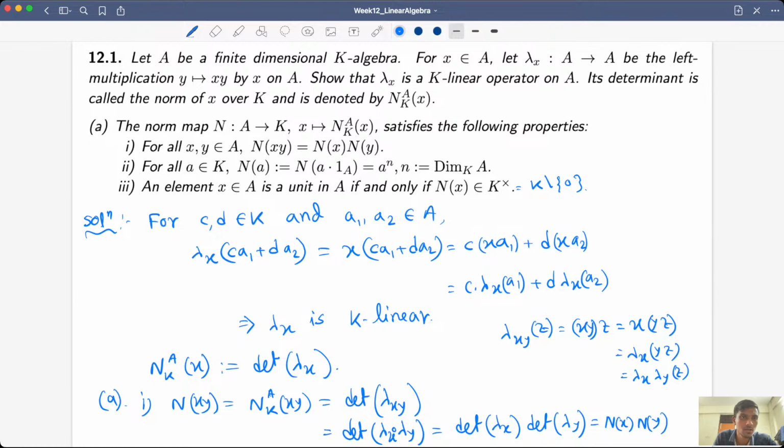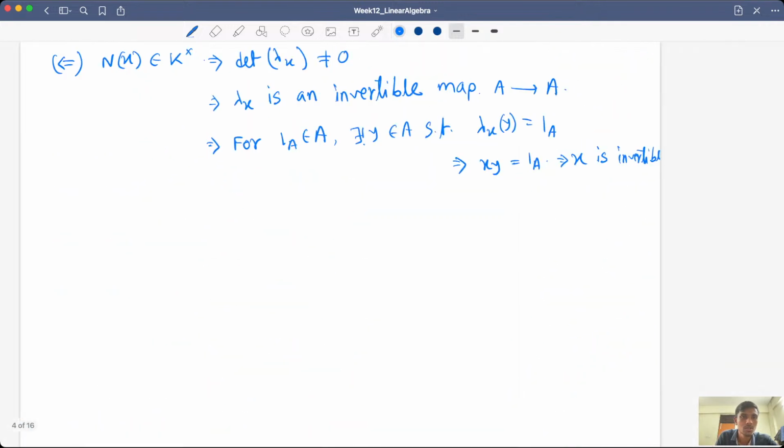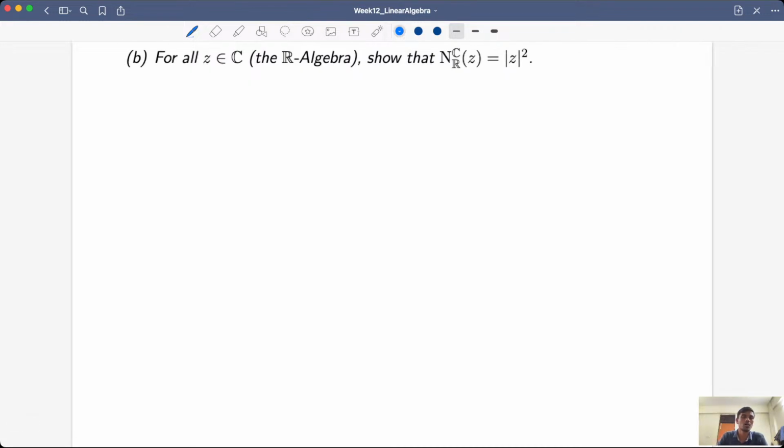Now a similar part of this is a particular case. If we consider the algebra A as C, which is an R-algebra, then we need to show that the norm function is actually the usual norm as it is defined for complex numbers.